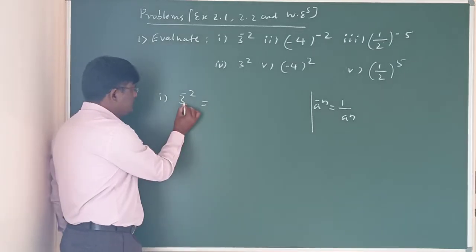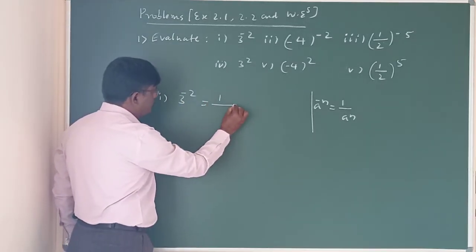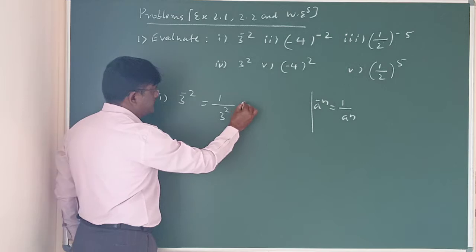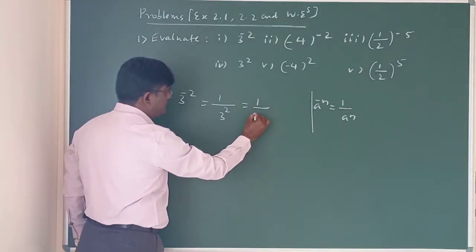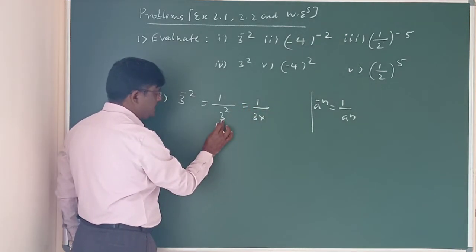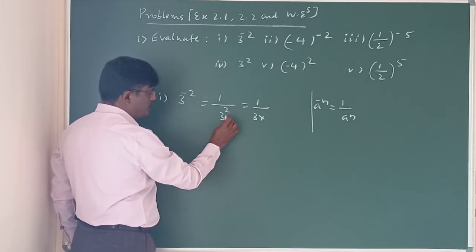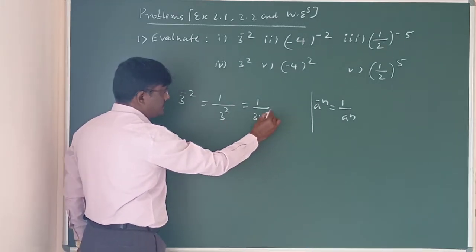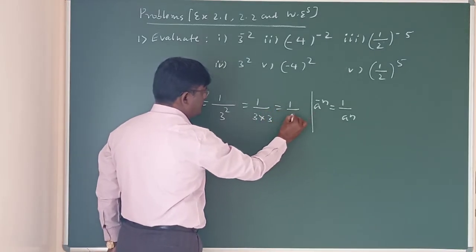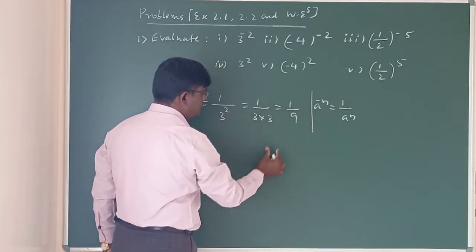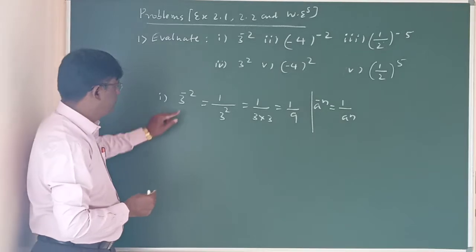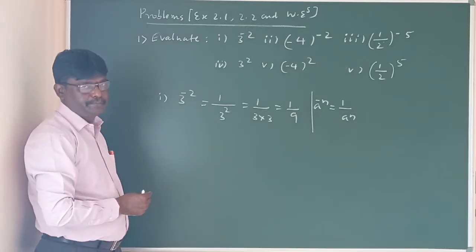So therefore, this could be written as 1 by 3 square. Hence, 1 by 3 square. What is that? 3 is the base, this is the exponent, and this whole power form 3 into 3 equals 1 by 9. This is the value of 3 power minus 2.